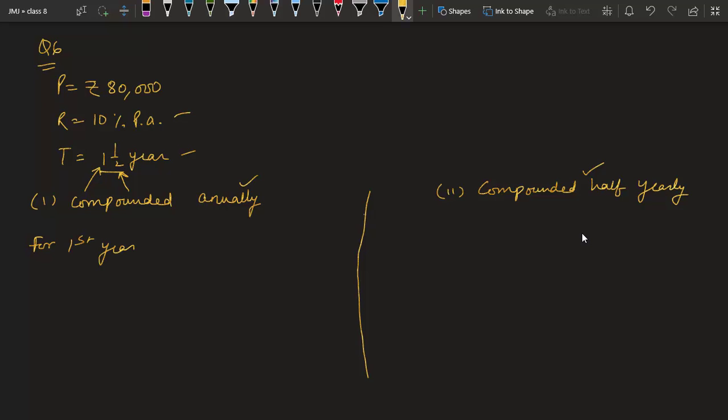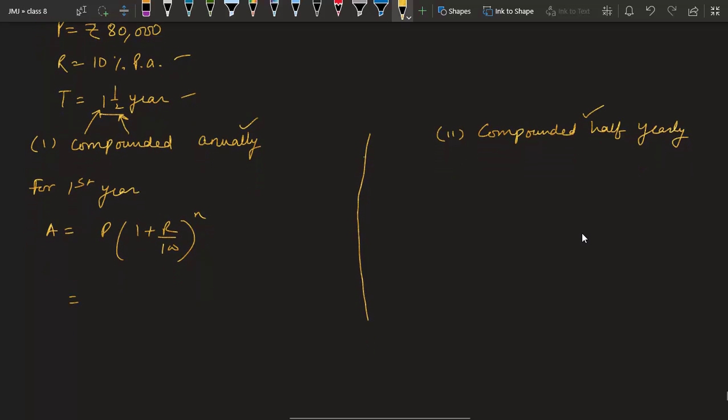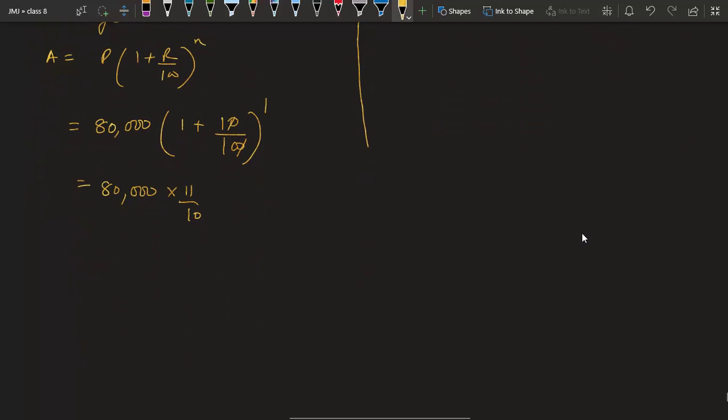Amount, so first write for the first year. Amount will be given by, we will take n equal to 1, 80,000 (1 plus 10 upon 100) whole power 1. 0 0 cancel, it becomes 80,000 into 10 plus 1 is 11 upon 10, 1 0 cancel, we will get 88,000 as the amount after 1 year.